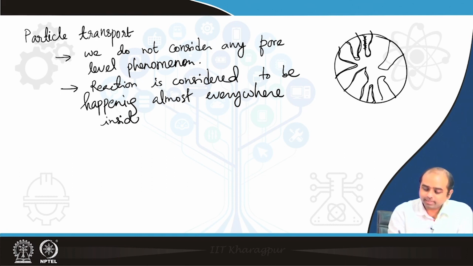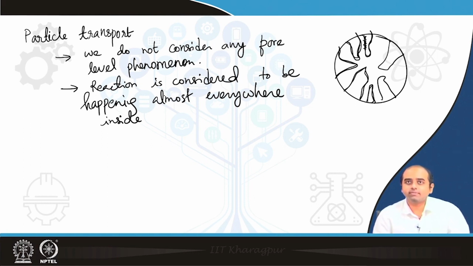but essentially the reaction only happens at the exposed surface areas. But you can make a consideration that if there is too much branching or too much pore network inside the particle, considering reaction at certain discrete points inside the bulk can be assumed to be like a uniform reaction happening inside the particle.